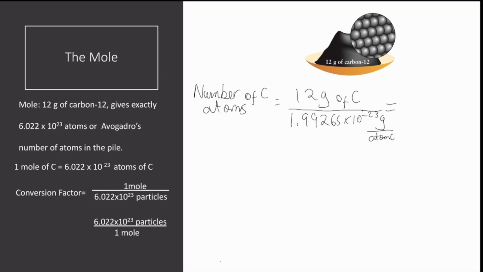So we get 6.0221 times 10 to the 23rd carbon atoms.